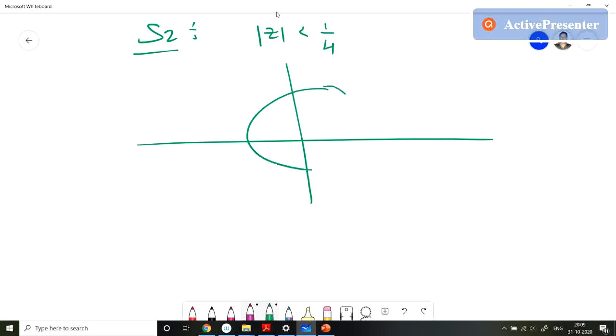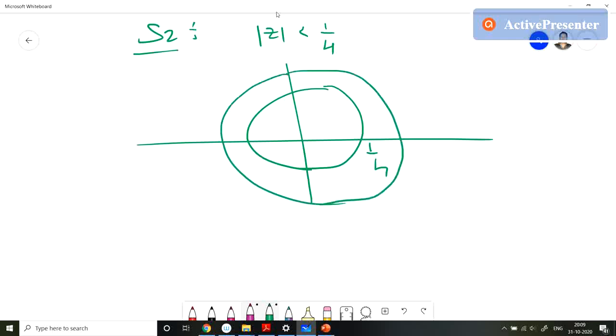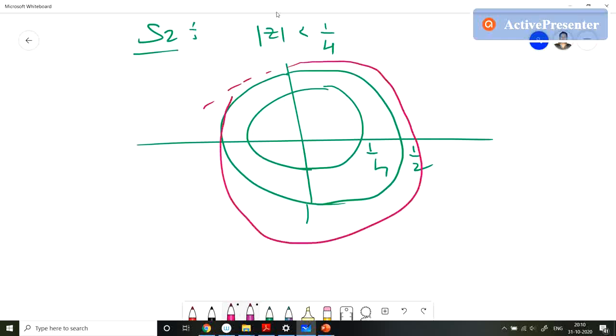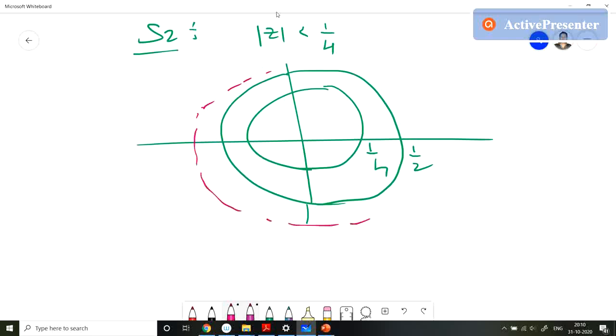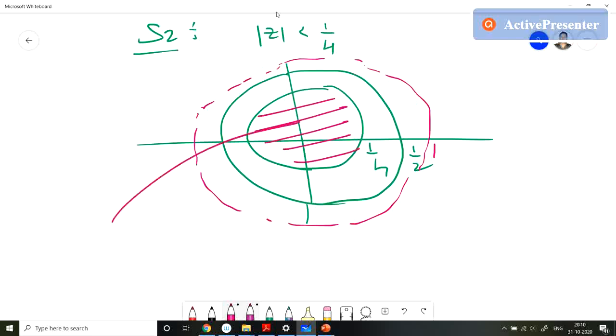So we have one circle of radius 1 by 4, another circle of modulus of z equals 2, and here we have the unit circle. Now modulus of z is less than 1 by 4, it means this is the ROC. So this is the region of convergence.